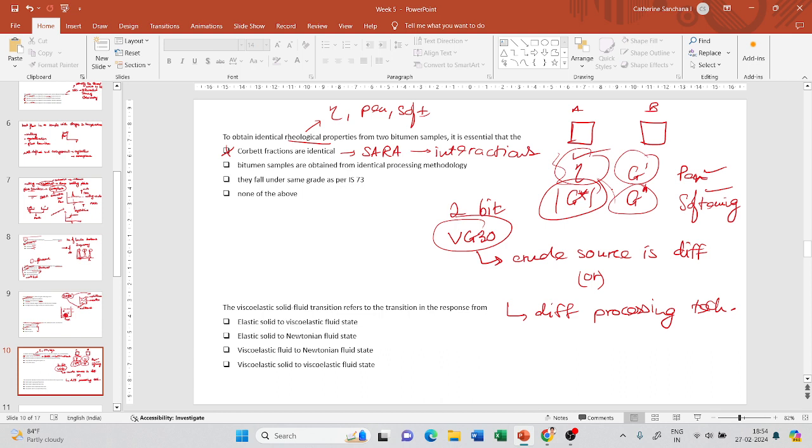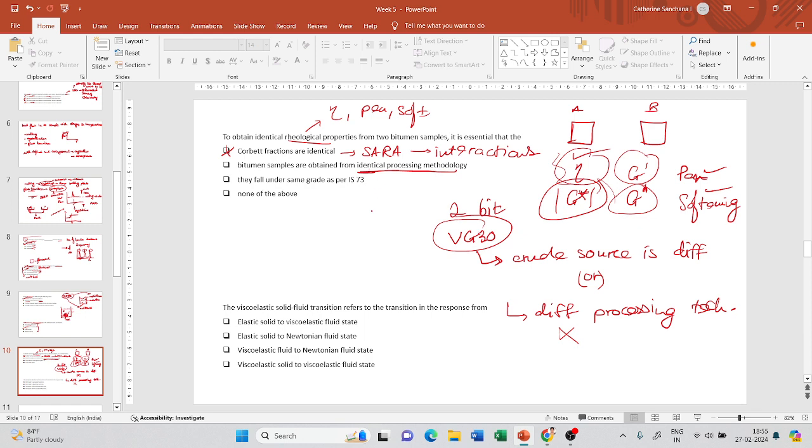Now, they have said that they have identical processing methodology. Just because they said identical processing methodology, you cannot simply jump and say so. This option has been removed for you, right? Because it does not have a different processing methodology.